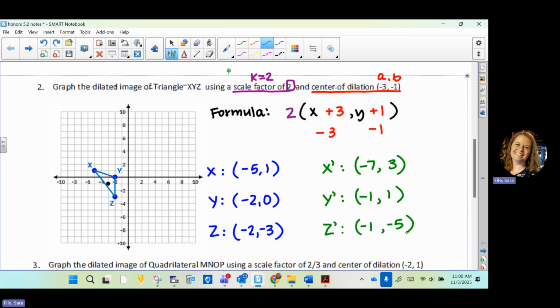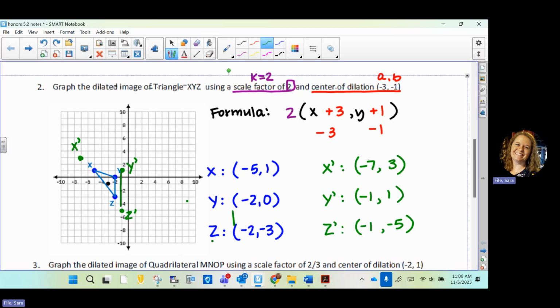So I'm going to plot those points over here. Negative 7, 3. That's x prime, my new x. Negative 1, 1. That's my y prime, my new y. And negative 1, negative 5. That's z prime.